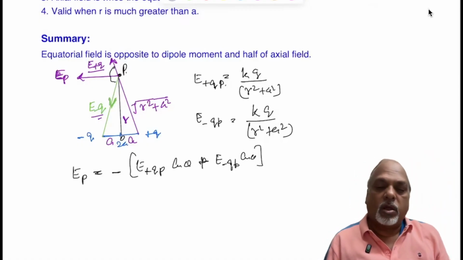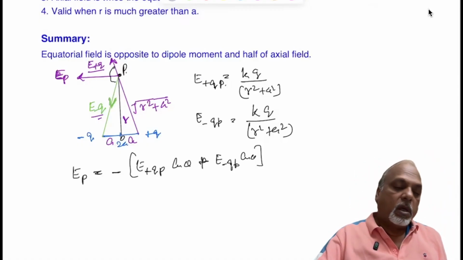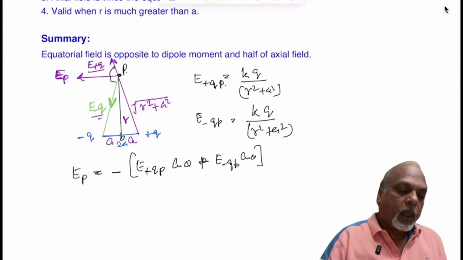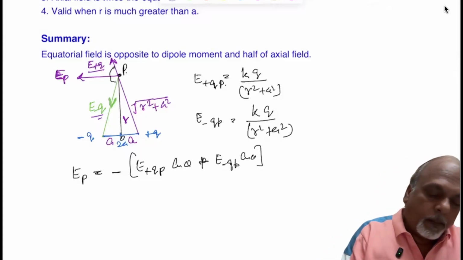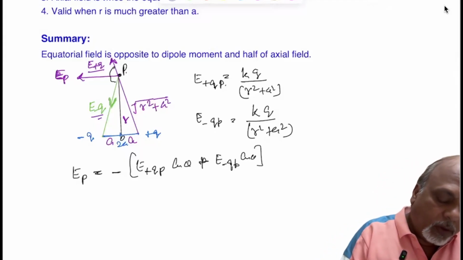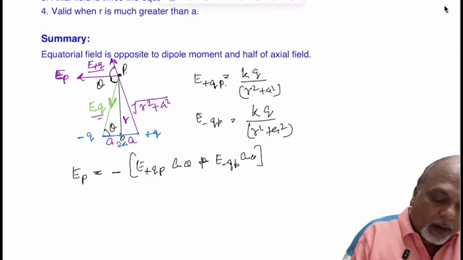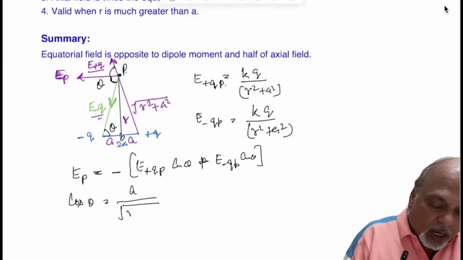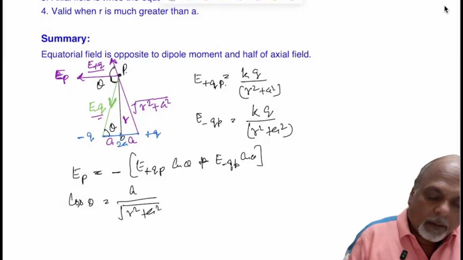And what is this cos theta? Let us find out what is this cos theta. Cos theta is nothing but, if you see, this is your theta, and this will also be theta. And cos theta is nothing but your A upon root R square plus A square.